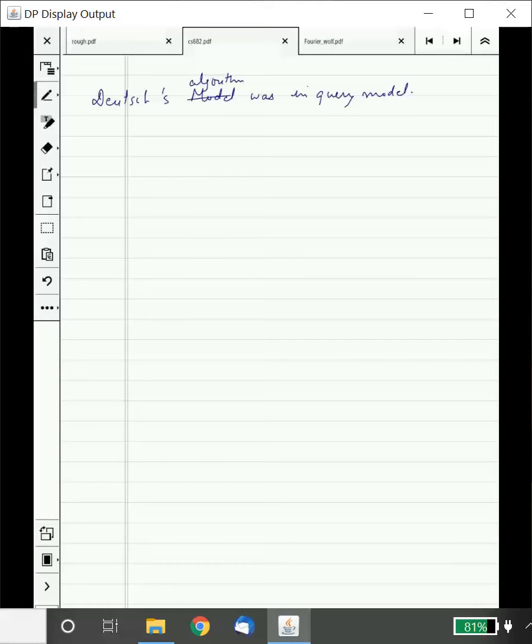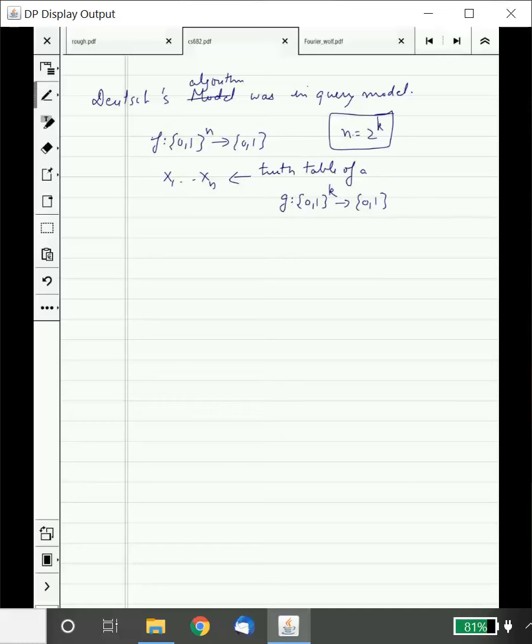Remember, my input was x_1 to x_n. I can view it as a truth table of a function g from {0,1}^k to {0,1}. Again, this will happen when n is equal to 2 to the power k. If I assume this, then I can say that address i corresponds to some binary string b_1 to b_k, so x_i is g of b_1 to b_k.